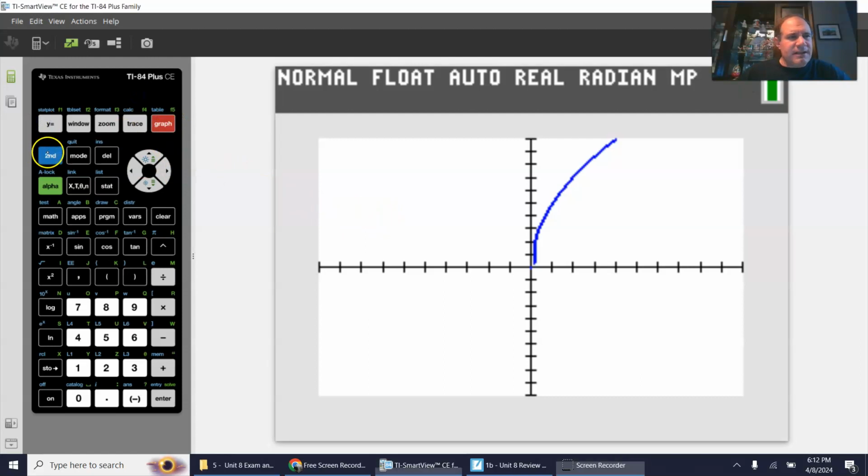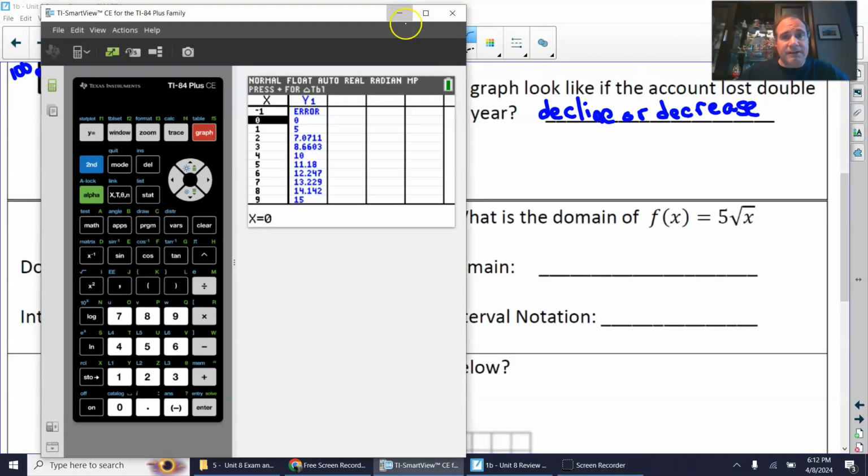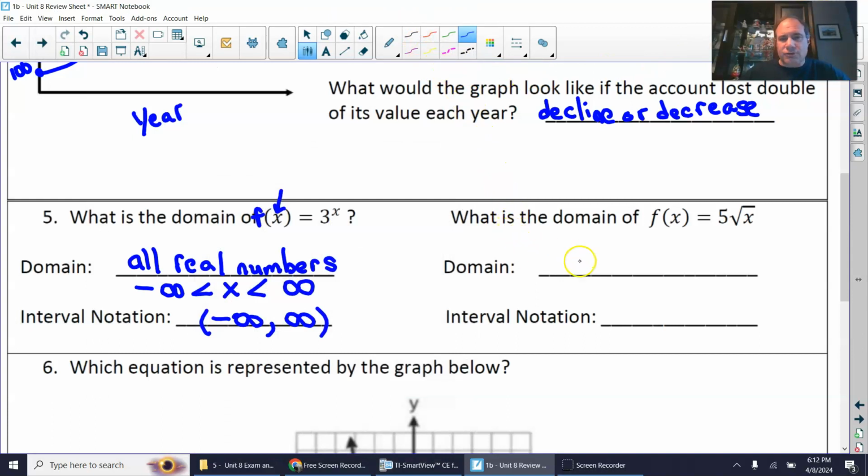If you go to the second function table, it does actually touch 0. So that means 0 is a part of this domain. So we're just going to talk about x. And remember, domain is the list of all of the x values. And x is greater than or equal to 0. That's what the domain is.